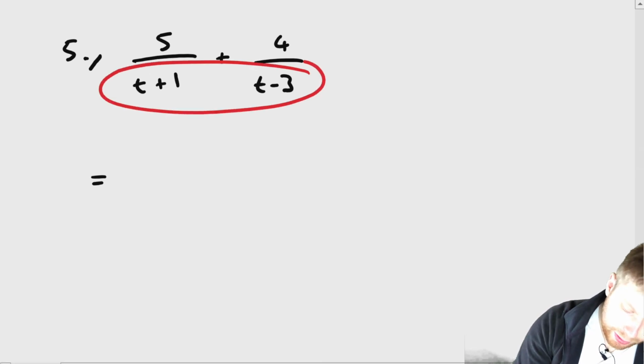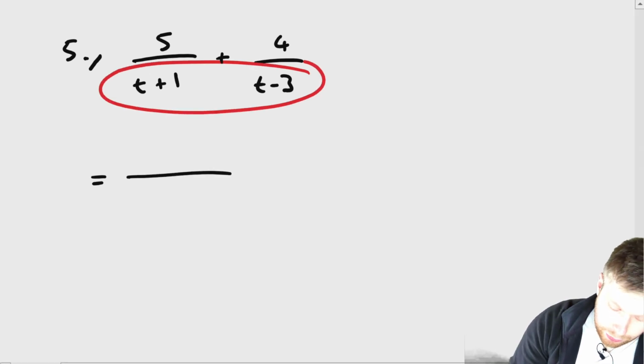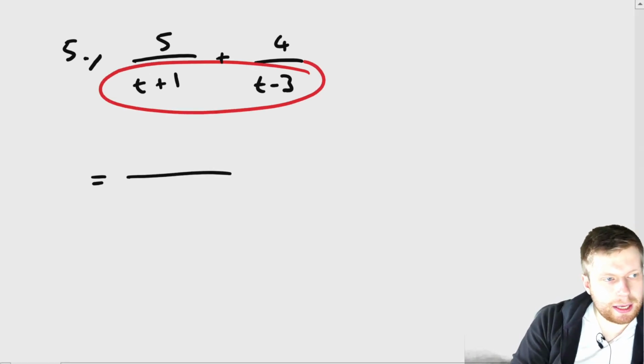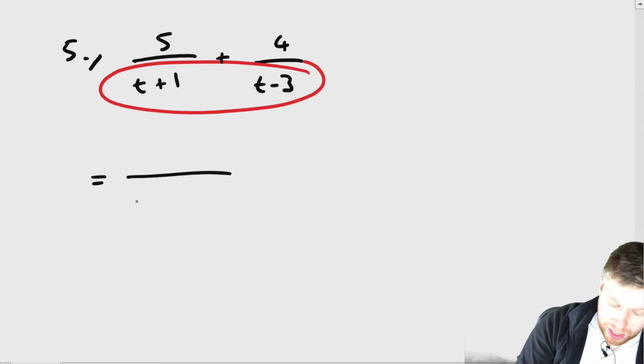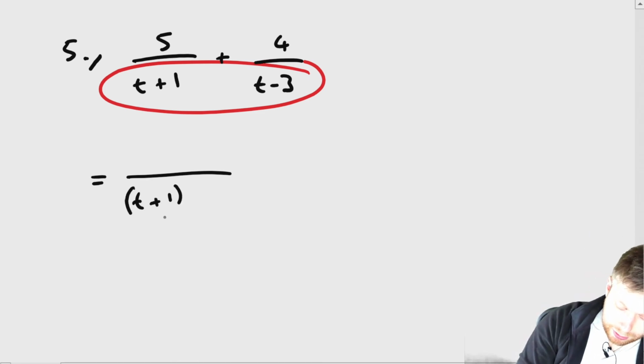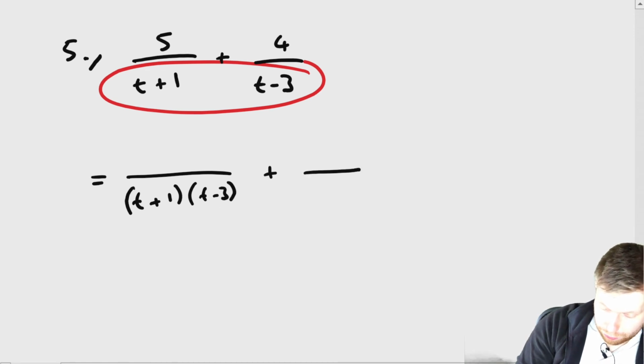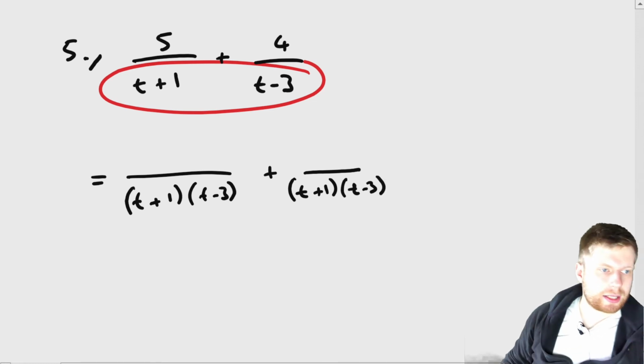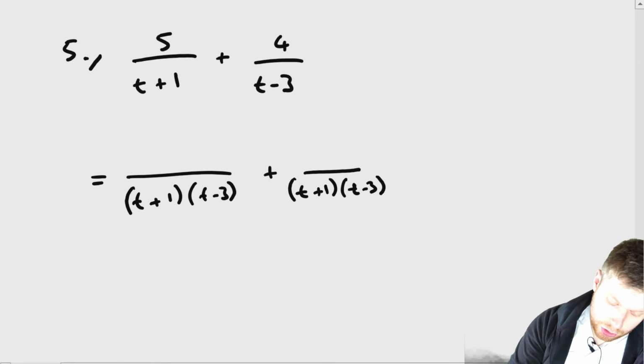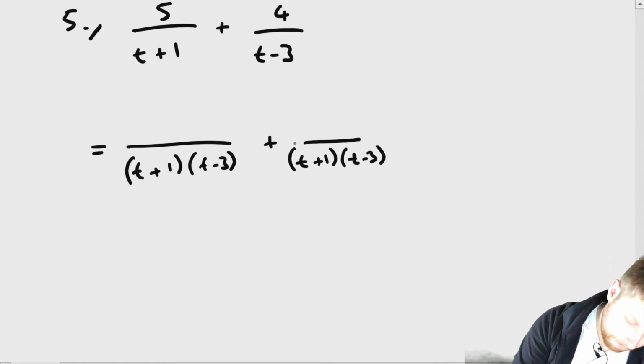So I get t plus 1 multiplied by t minus 3. I'm just going to write that using brackets, two big brackets being multiplied together, and I need the same denominator on both fractions.